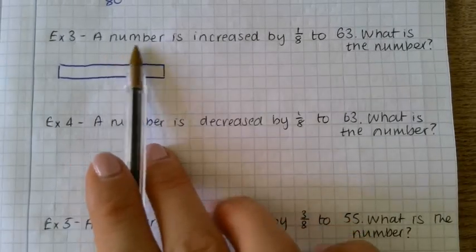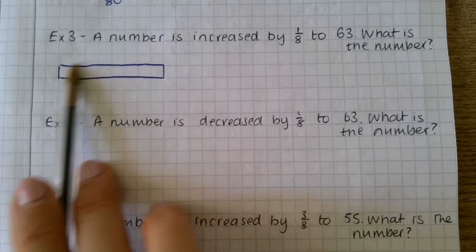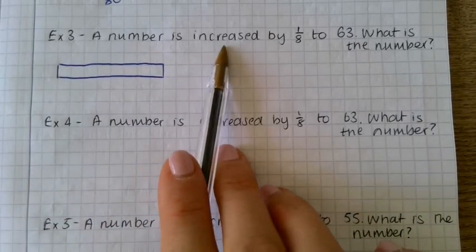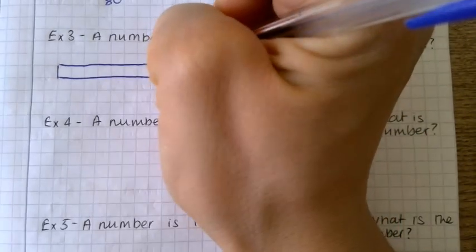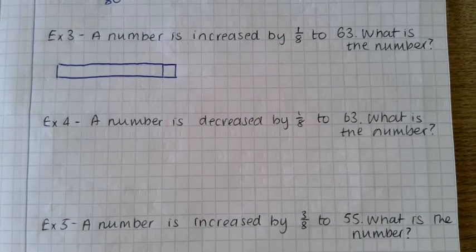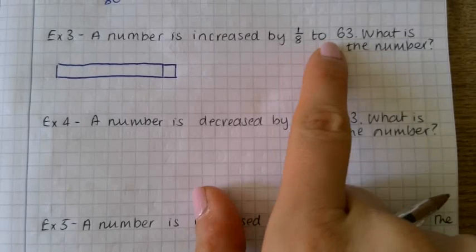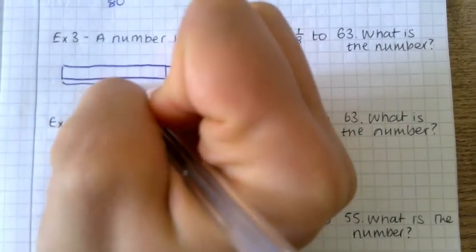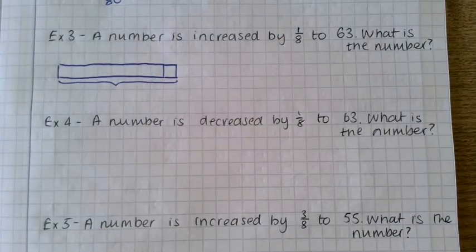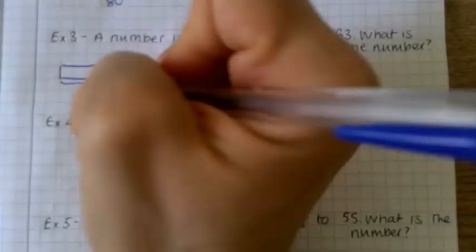And this bar represents my number. It's increased by 1/8. So 1/8 has been added on. And we now have 63. So that means this whole bar here is 63.